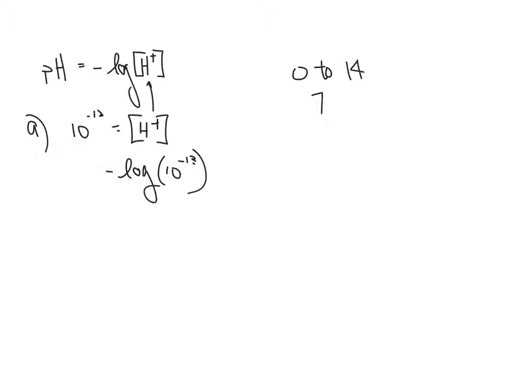Okay? So all we're going to do is plug that into our calculator, and we're going to get the number 13. Okay? And you do that for lemon juice and C.